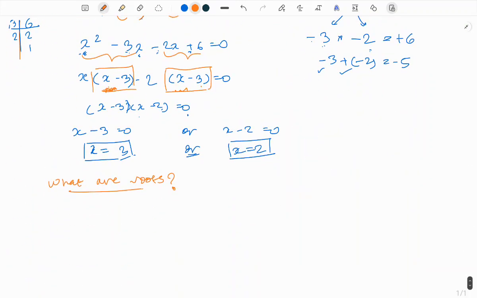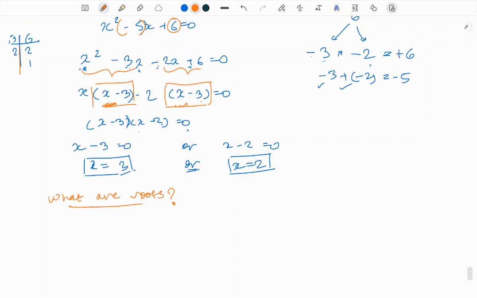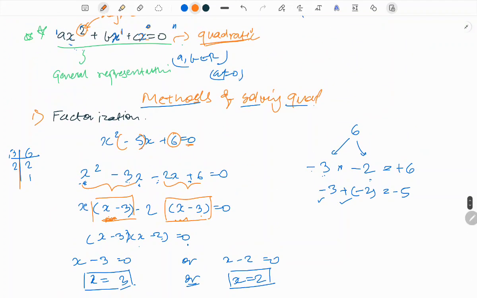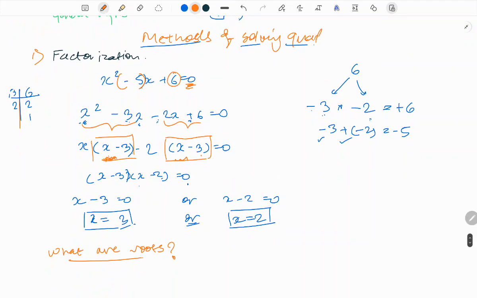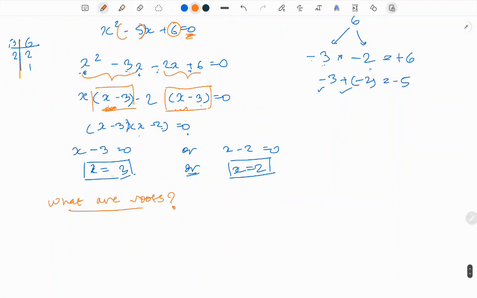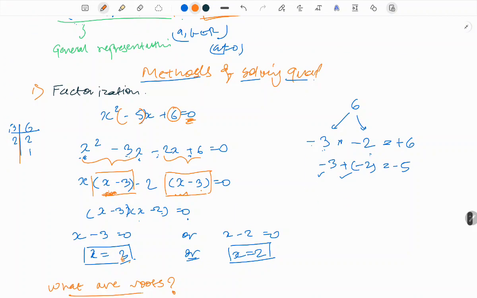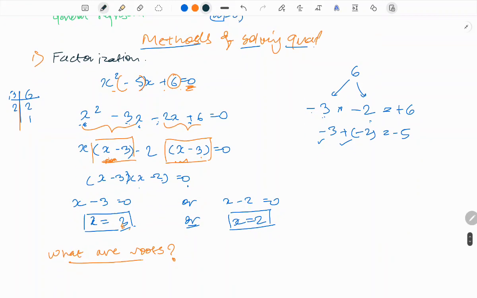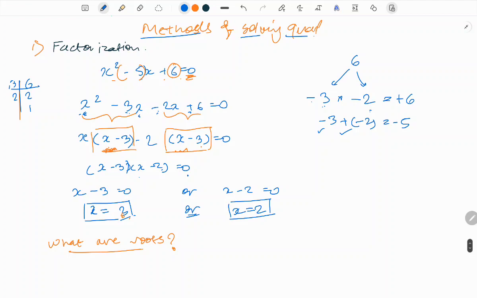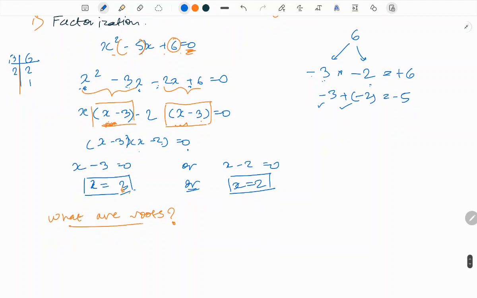Roots are those values of the variable, in here it is x, for which the equation is equal to 0. That's why we write equal to 0. And over here, if we put this value 3 inside, this equation for sure is equal to 0. You try that at home and then you will realize that yes.